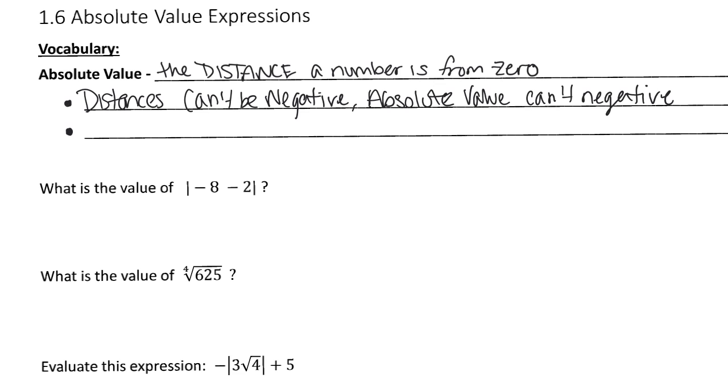Okay, and we use 2 straight bars to write absolute value. Like in this first example, these 2 bars mean absolute value.